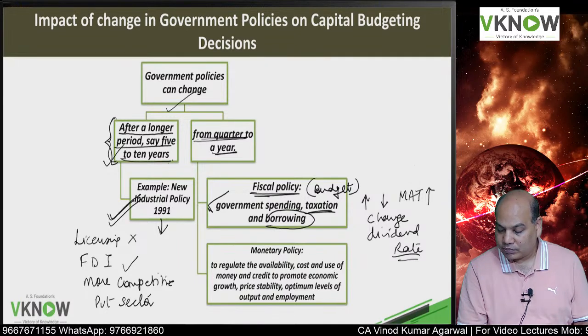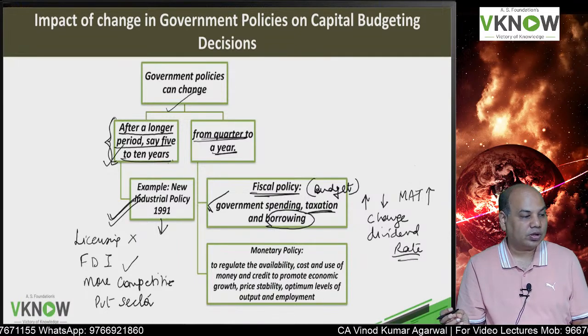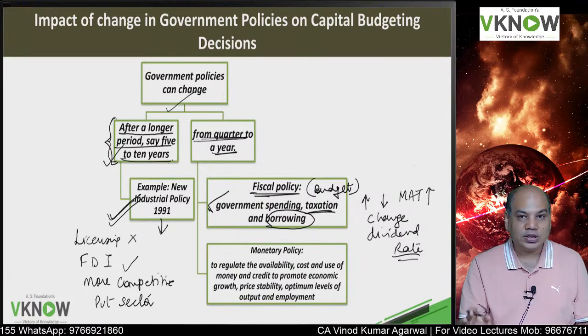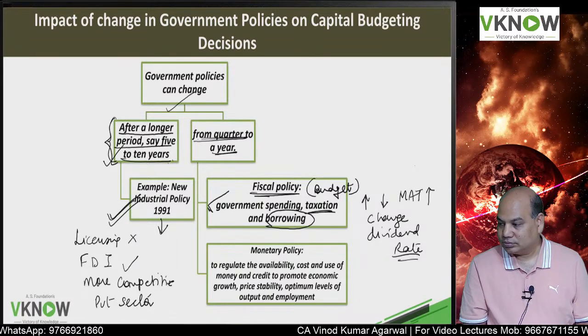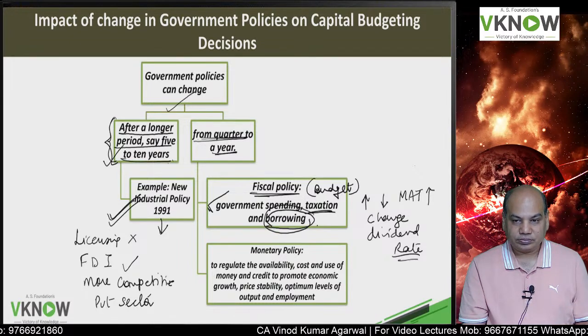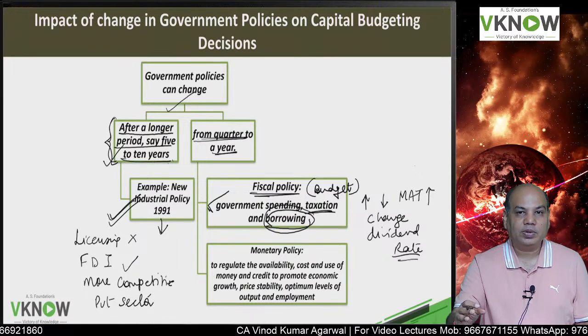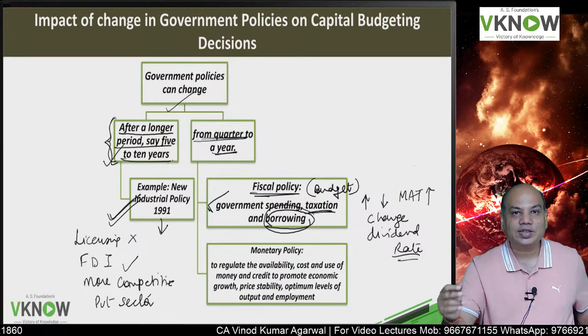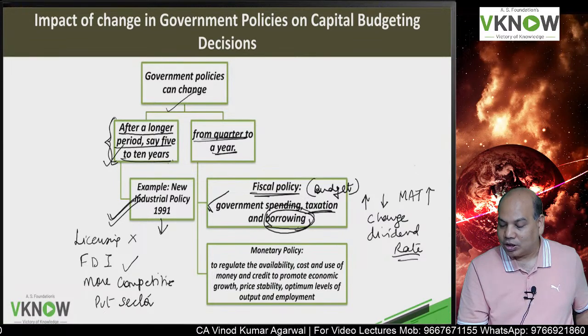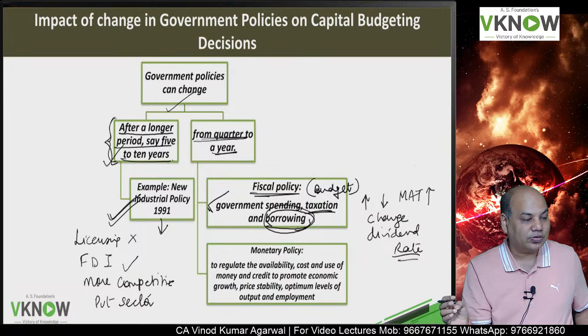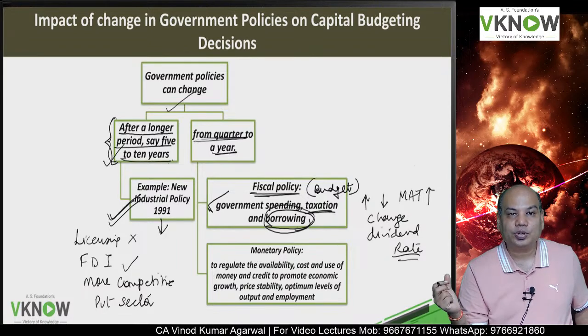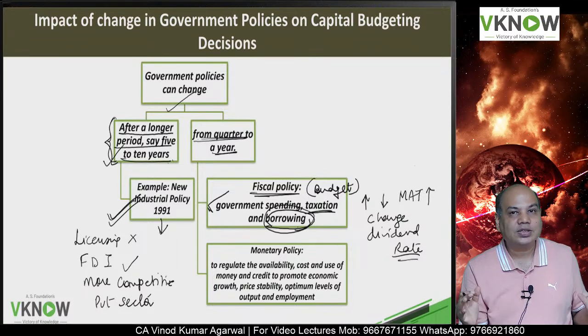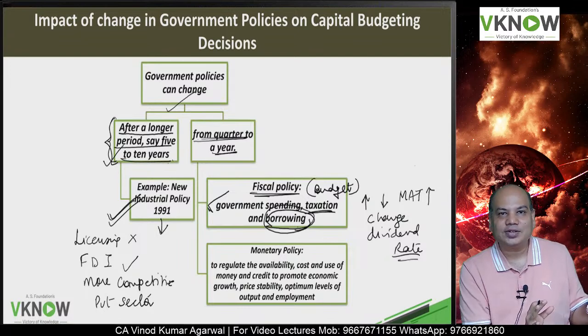Government borrowing: the government is a big-time borrower, or can I say the government is the biggest borrower. Yes, when government borrows, funds available for lending to the private sector reduce. This is called the crowding out effect. In your economics they teach you, when government starts borrowing, then less surplus is left for the private sector.